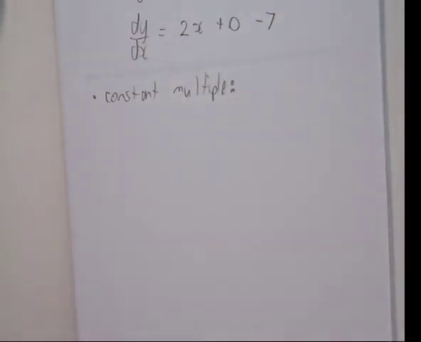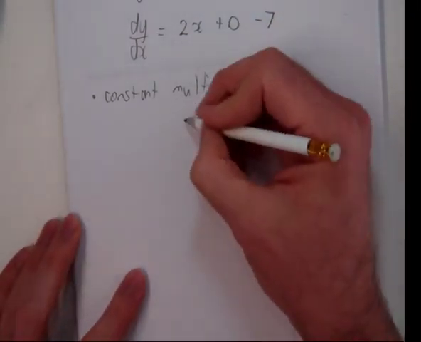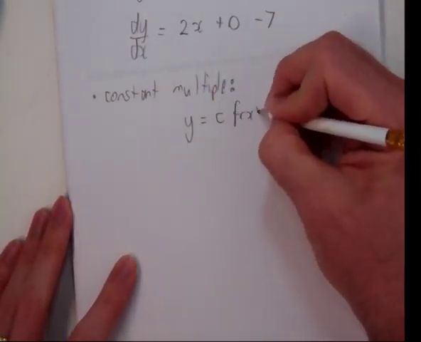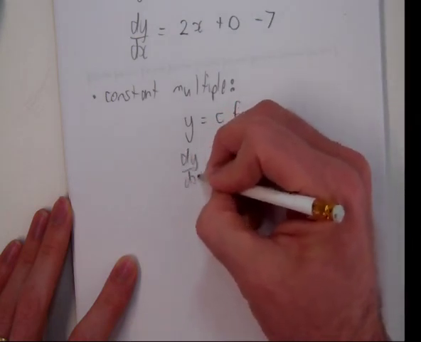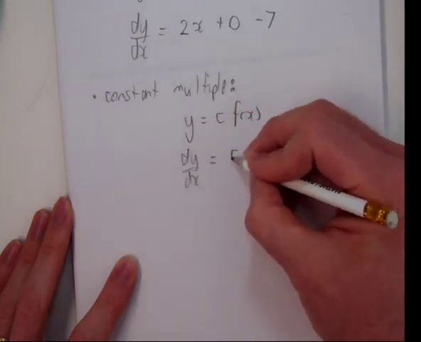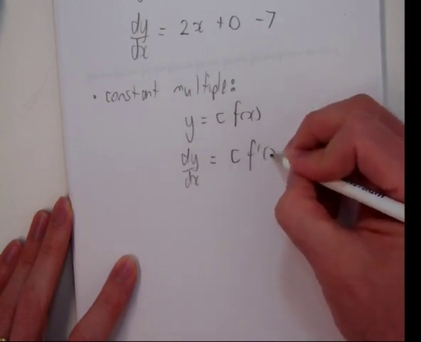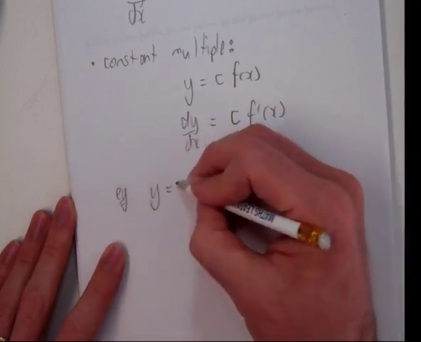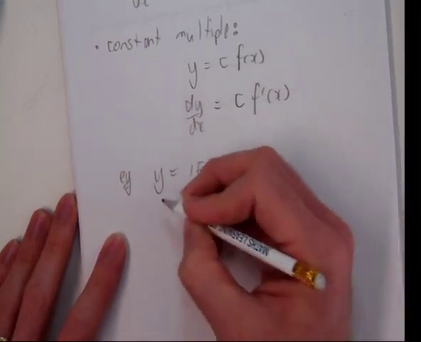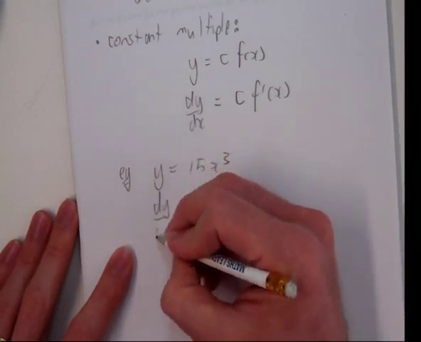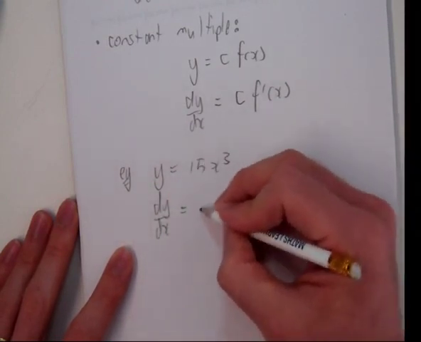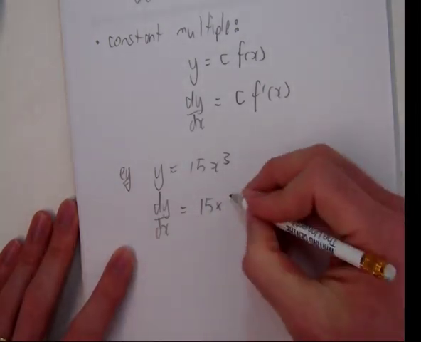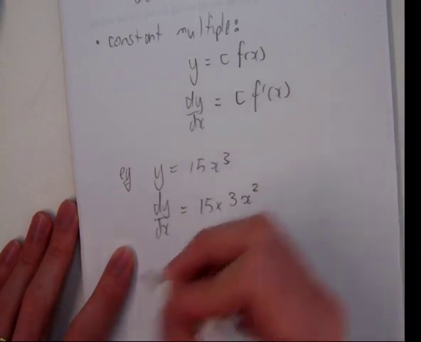If you have a constant multiple, so if you see y equals c times something, then dy on dx, if the c is multiplied on, it will stay there multiplied on, and you will differentiate whatever is next to it. It works better with an example. Y equals 15x cubed. Okay, so then dy on dx. The 15 is multiplied on, so it will still be multiplied on afterwards, and then I will multiply by the current power and reduce the power by 1.